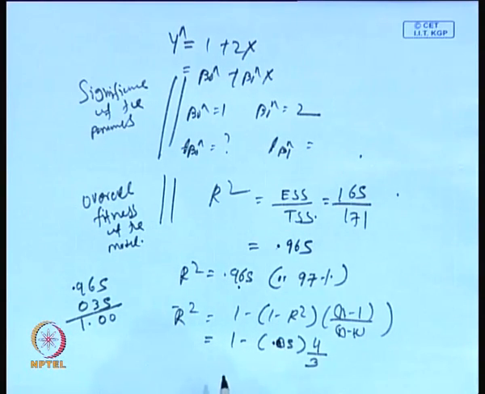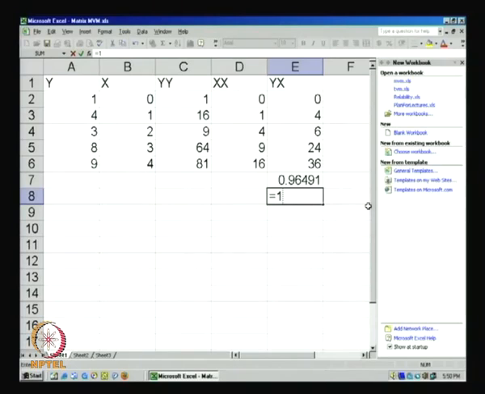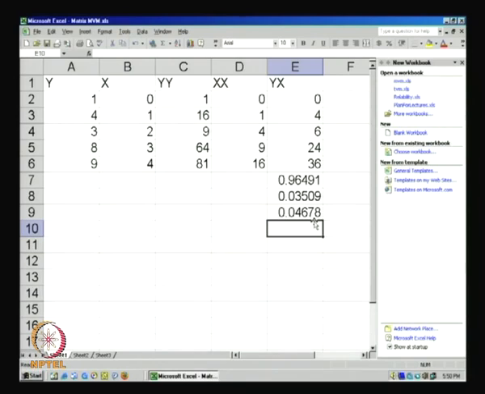So this is equal to 1 minus 0.035 multiplied by 4 by 3. Then it will come to 0.046.